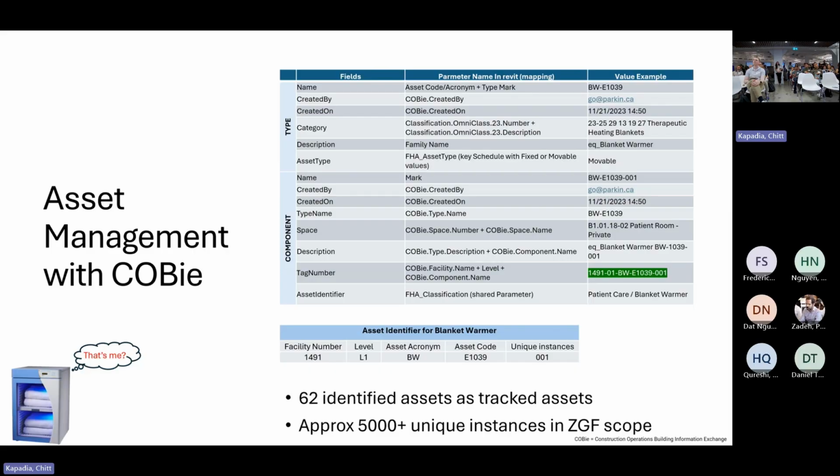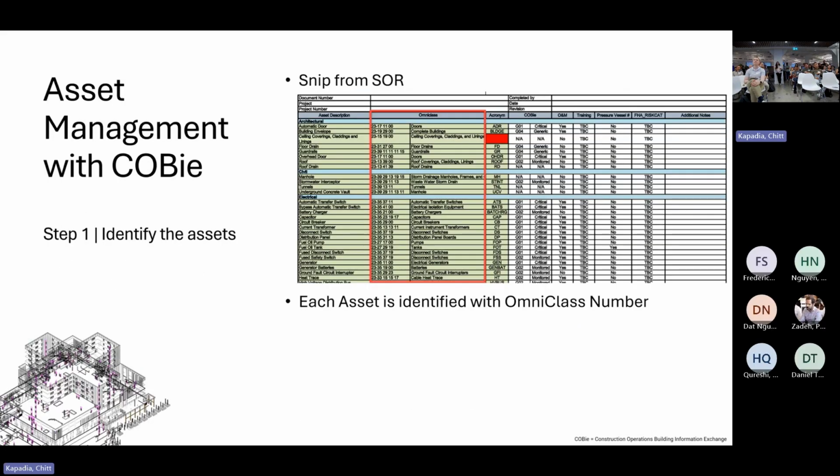Across those 62 identified tracked assets, we have 5,000 plus unique instances in just VGF scope. And there will be much more in parking because they have a much bigger clinical scope. So identifying the scope gap is important.